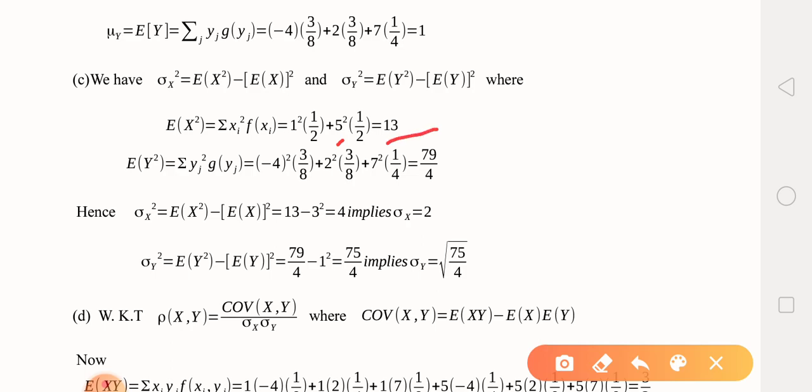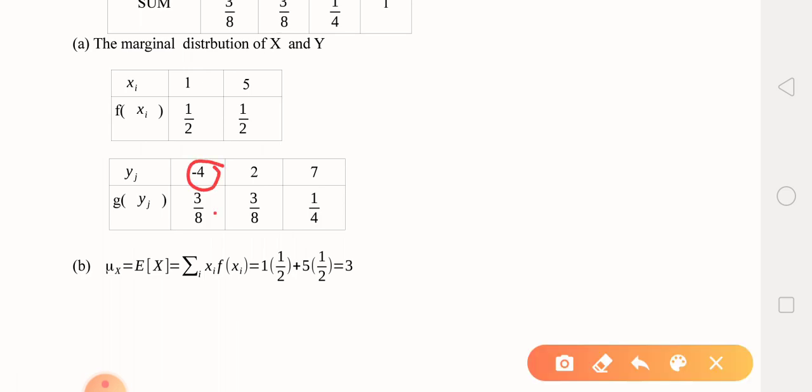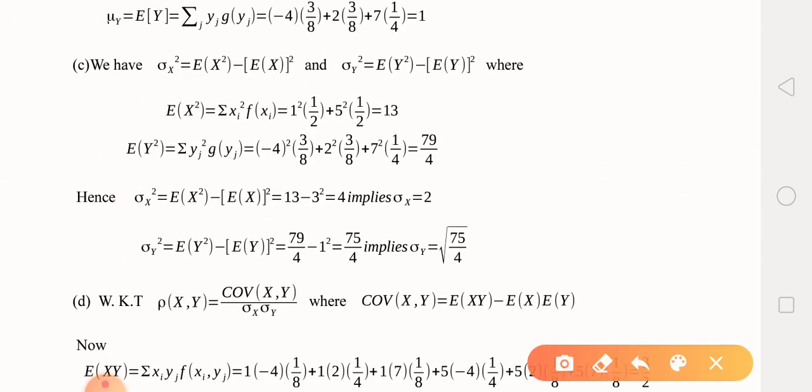Expectation of y square is summation yj square into g of yj. If you want, you can look at this table. So minus 4 square into 3 by 8 plus 2 square into 3 by 8 plus 7 square into 1 by 4. That is equal to 79 by 4.